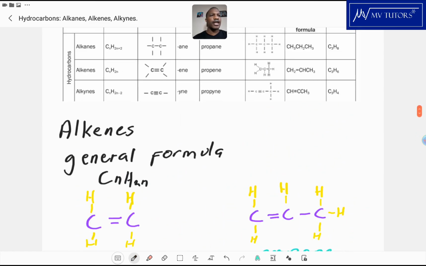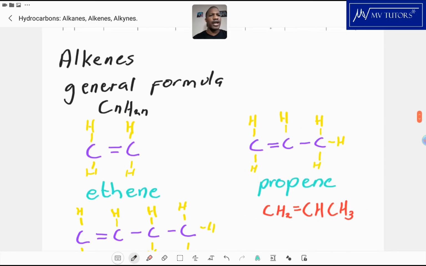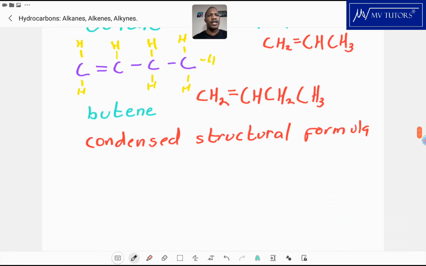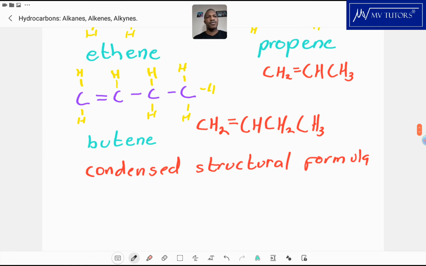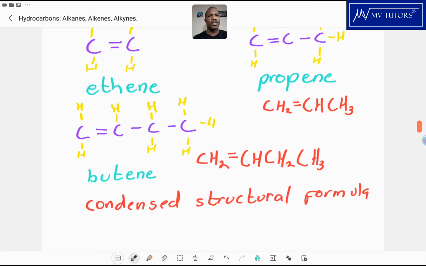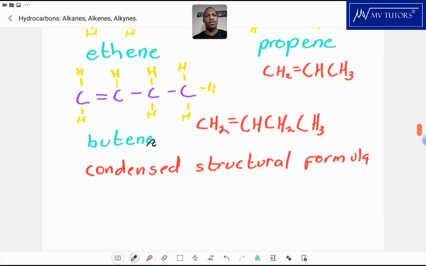The last one we should do is the molecular formula. There's two ways of doing it. Either you use the structural formula if you have it, or you use the general formula. Let's start with the structural for butene. You count the number of C's, 1, 2, 3, 4 C's.